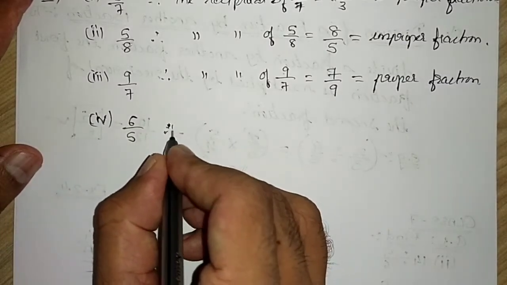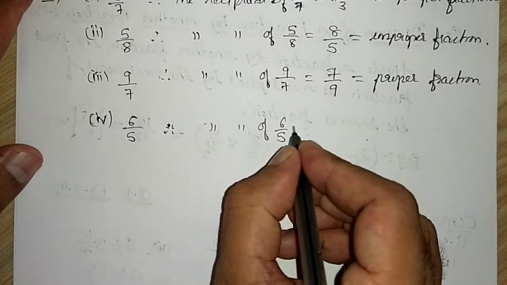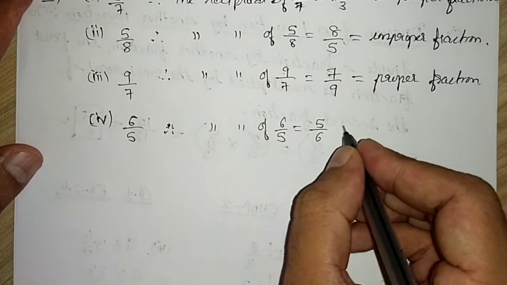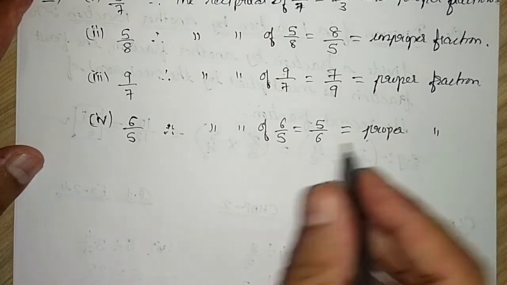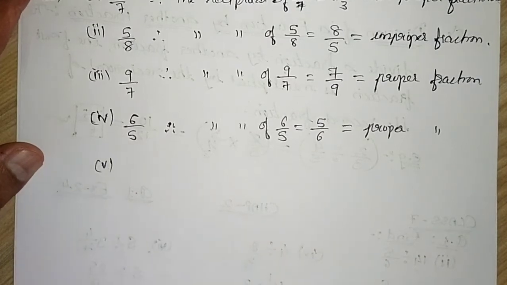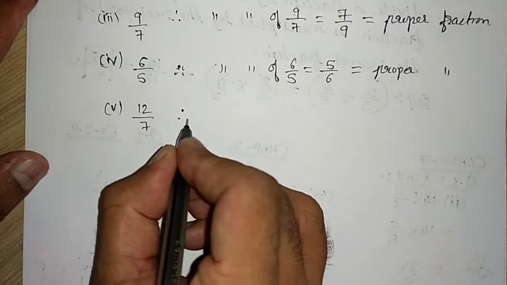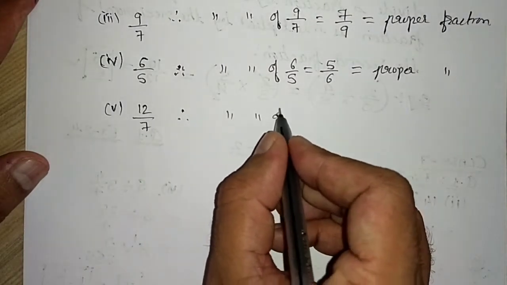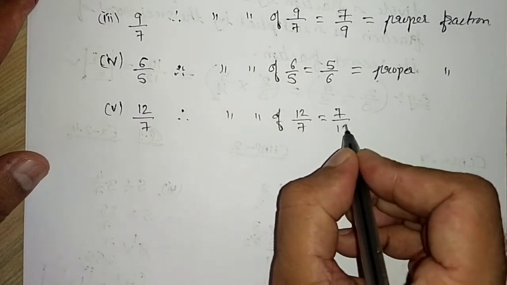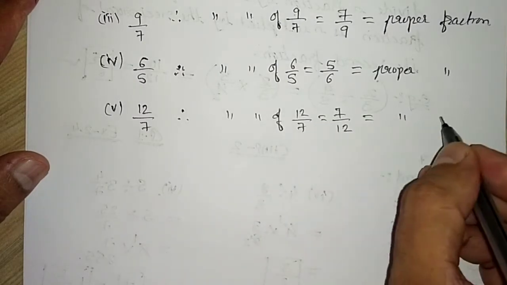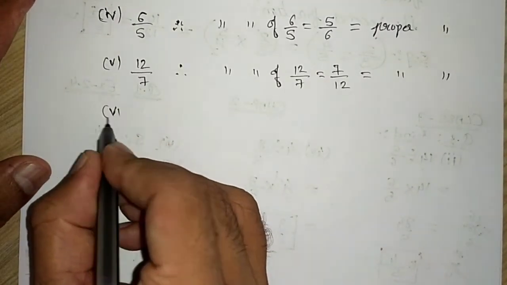Therefore the reciprocal of 6 divided by 5 is 5 divided by 6, which is again a proper fraction. Now fifth part is 12 by 7. Therefore the reciprocal of 12 by 7 is equal to 7 by 12, which is again a proper fraction. The numerator is smaller than the denominator, so it will be a proper fraction.